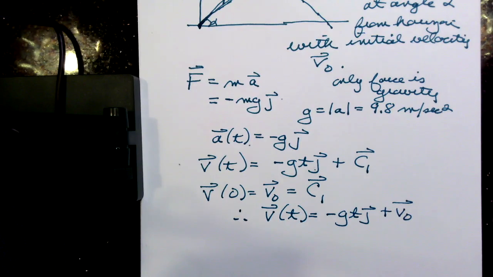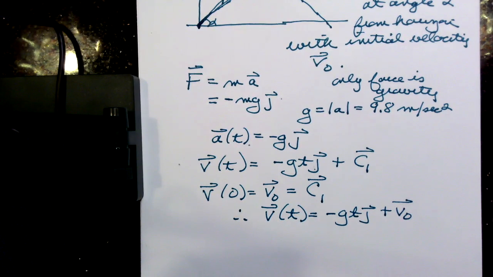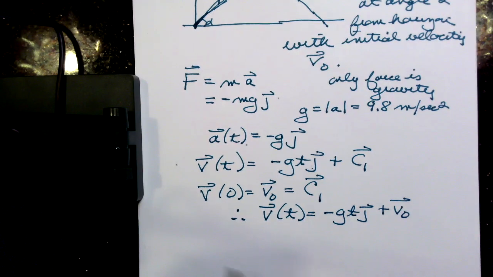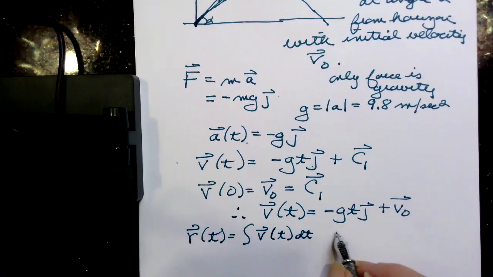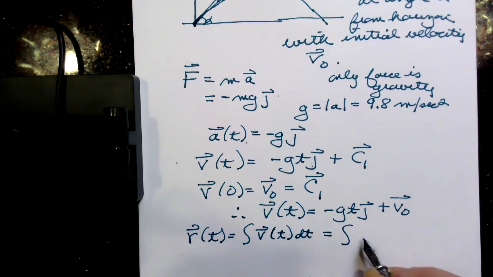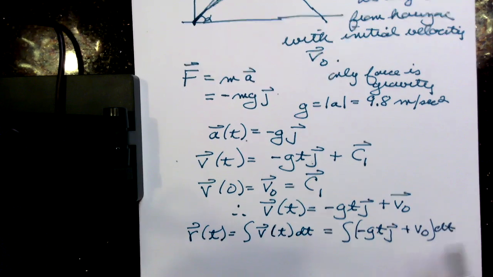And now, what about the position? To get the position, we would have to integrate the velocity vector. That's the integral of minus gt j plus v0 dt.